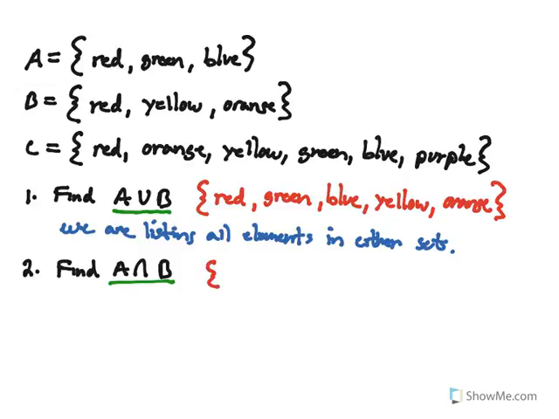I'm going to use our braces, okay? If you look at set A and B on top, what color appears in both sets? Well, the only color that appears in both sets would be the color red. Red is represented in set A as well as in set B. So we're going to choose one of those to represent.